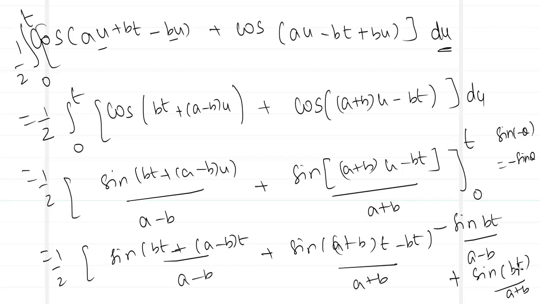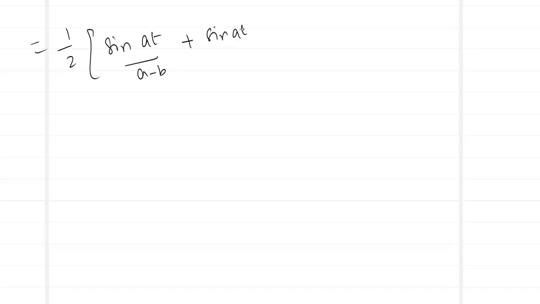Now there are four terms in total. Let us simplify this further to get 1 by 2 times sin at divided by a minus b. The second term is sin at divided by a plus b.